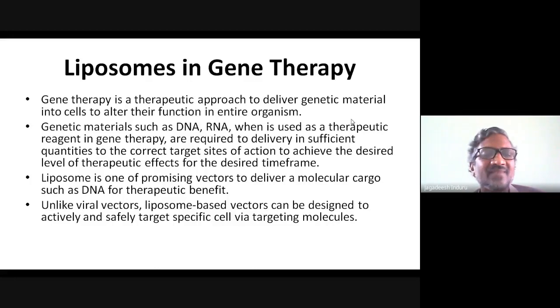So unlike these viral vectors, the liposome-based vector can be designed for active passing also, and to specifically target the site via targeting molecules. Whatever we want to reach, most of the time it is the nucleus we are going to target. Sometimes it may be the cytoplasm of the cell. That is our endpoint in our journey. So it depends upon the disease we want to treat.